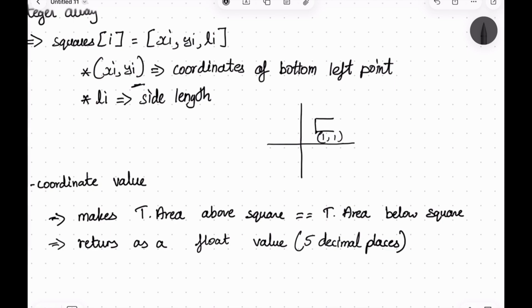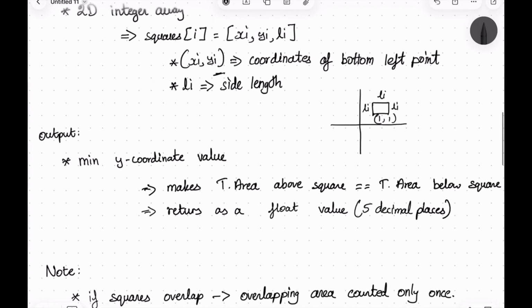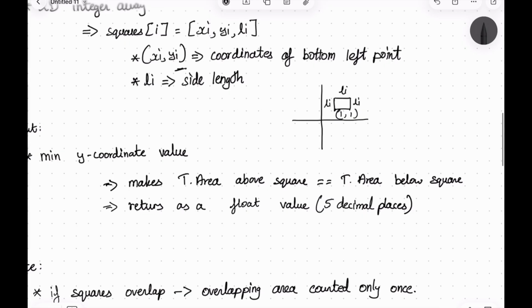So the side will be li, which forms a square, and the coordinates of the left bottom point will be xi, yi. Now we need to return the minimum y coordinate value which makes the total area above the square equal to the total area below the square. Return this as a float value up to 5 decimal places.